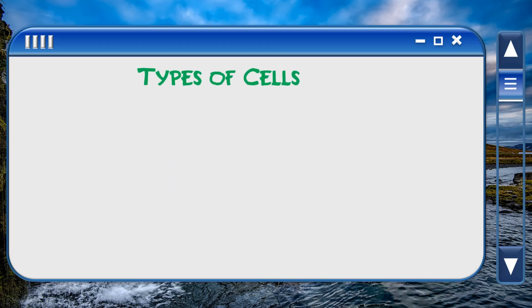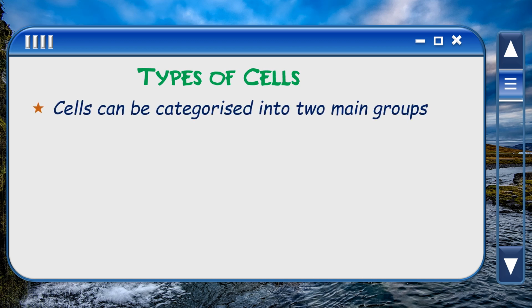We want to look at the types of cells. We say cells can be categorized into two main groups. We have the prokaryotes, and these ones have no nucleus.